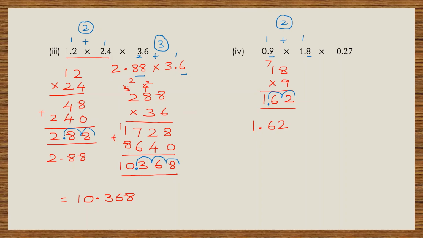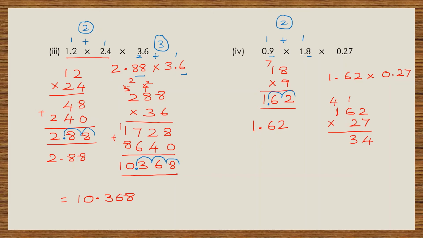0.9 into 1.8. Now let me make my new question. 1.62 into the third number, 0.27. Okay, let's ignore the point. 162 into 27. 7 2s are 14. Carry 1. 7 6s are 42 plus 1, 43.